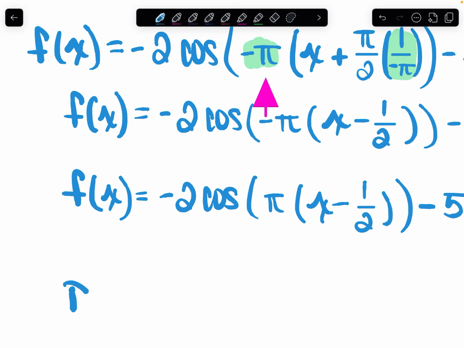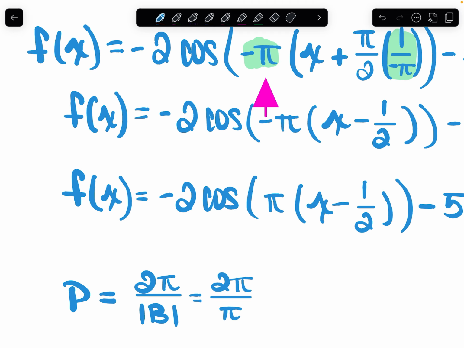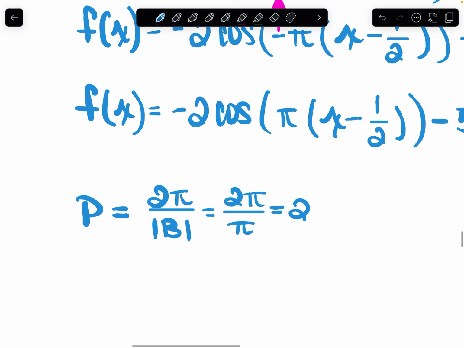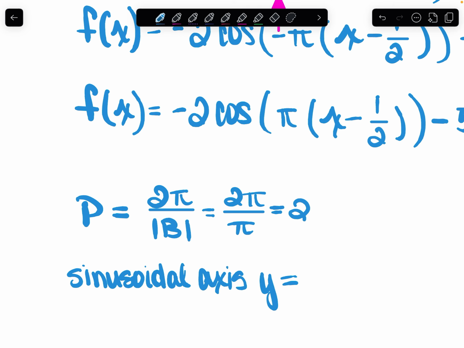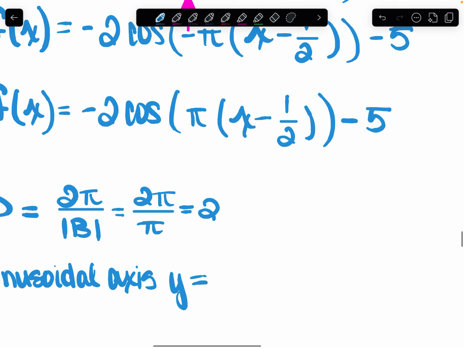All right, period: 2 pi over the absolute value of b, so 2 pi over pi. The period is 2. Sinusoidal axis: y equals -5.